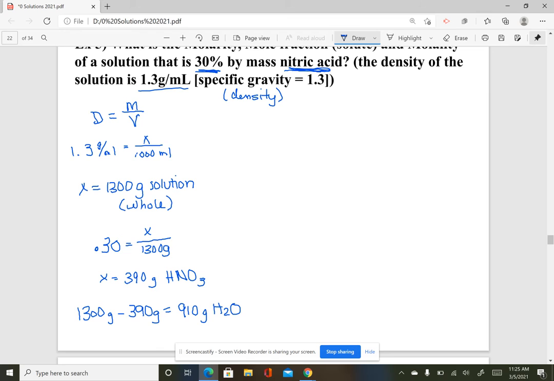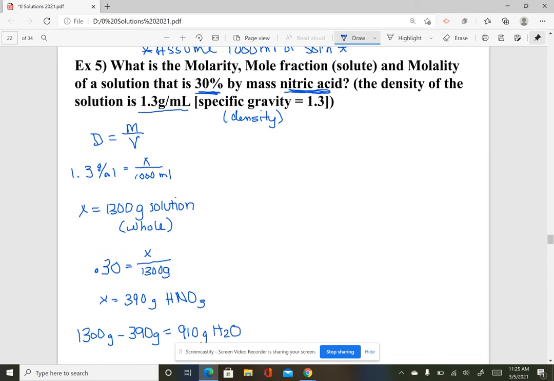All right, so what's the first thing? The first thing they ask us to find is the molarity. So let's do that first. Molarity equals moles over liters, right? So the moles of the solute, my solute is HNO3.